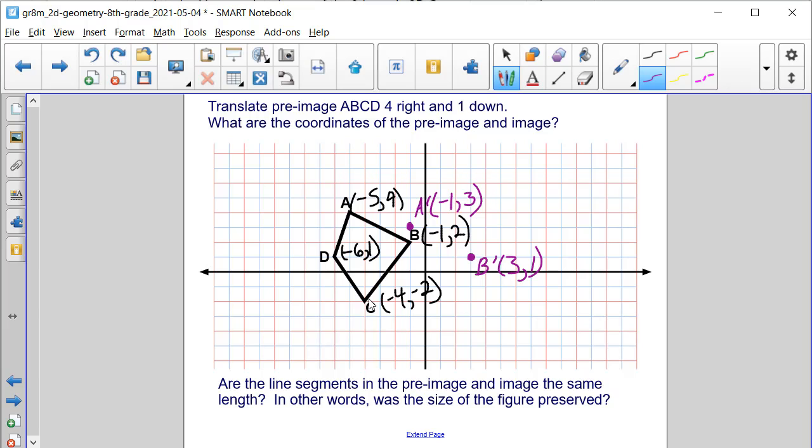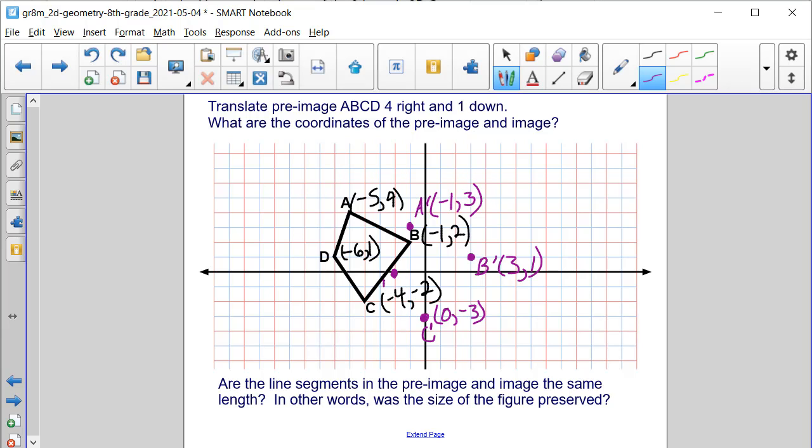Now let's look at C. We're going 1, 2, 3, 4, and down 1. So we are at 0, -3 for C prime. And then point D, we're going 1, 2, 3, 4, down 1.